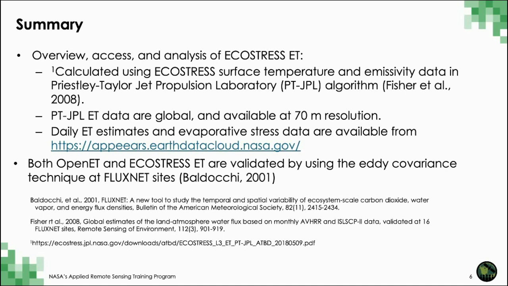Daily ET estimates and evaporative stress are available from AppEEARS, as well as instantaneous ET. Both OpenET and ECOSTRESS ET data are validated using the eddy covariance technique at FluxNet sites, and the reference is given here. For the PT-JPL ET algorithm, here is the reference where it is described in detail.